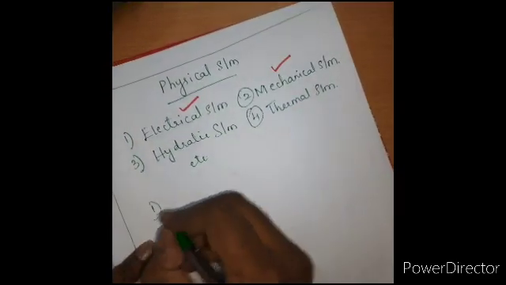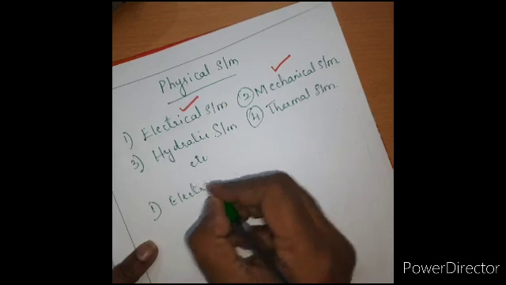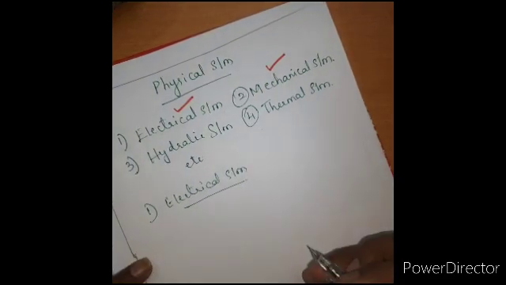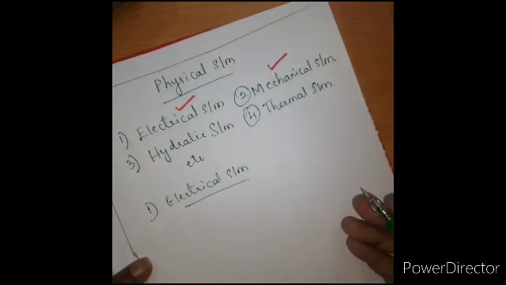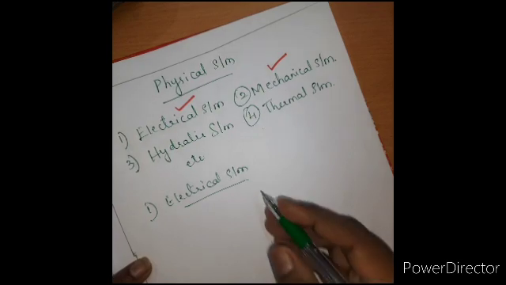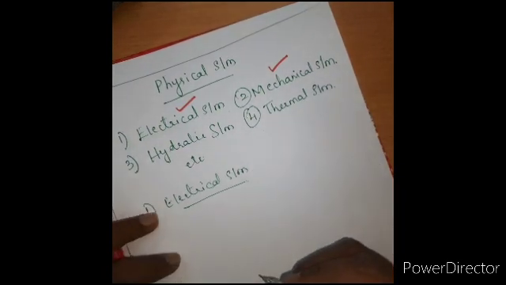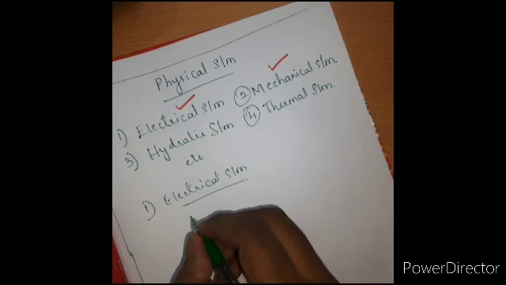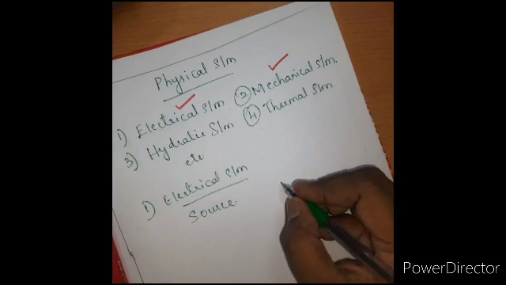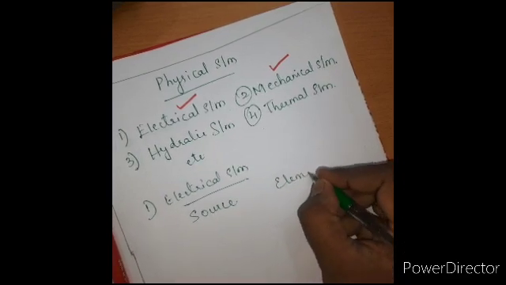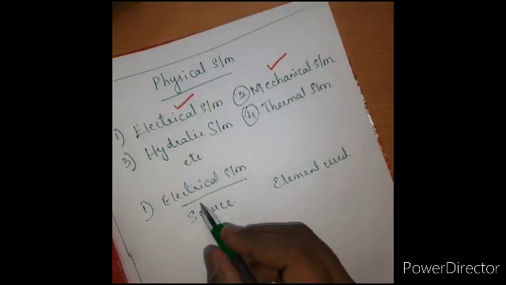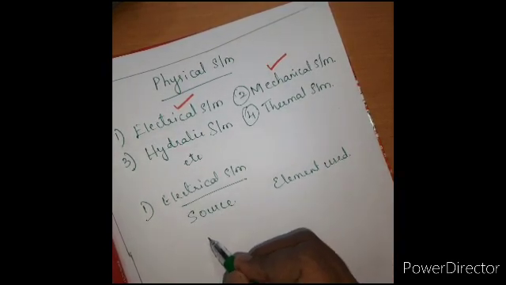Now coming to electrical system. Based upon the type of input, this electrical system can be analyzed. First one, it is based upon the type of source. Next, it is based upon the type of element used. What are the elements that are connected to electrical system?